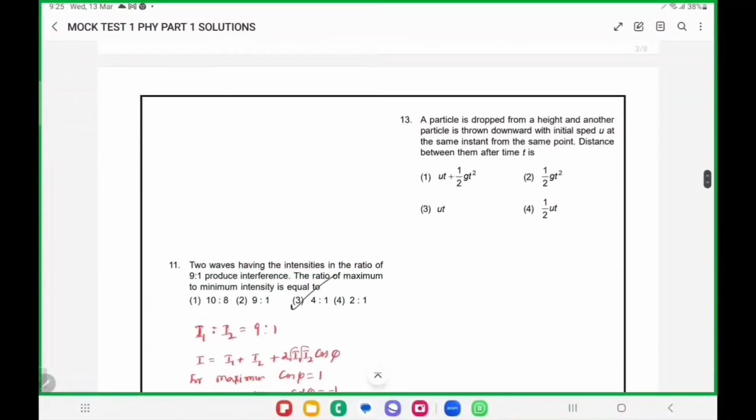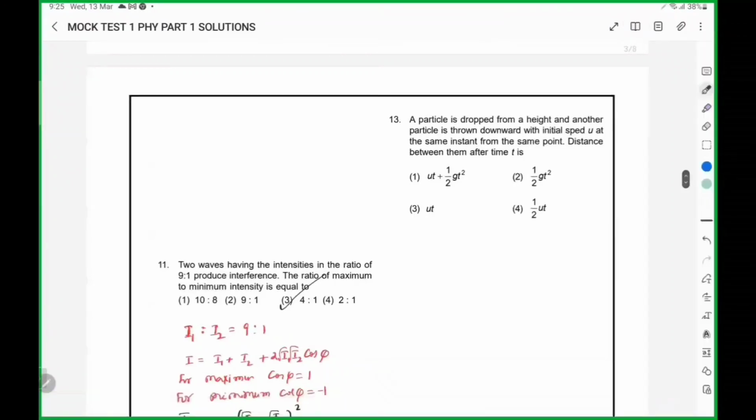Here a particle is dropped from a height and another particle is thrown downwards with initial speed u.